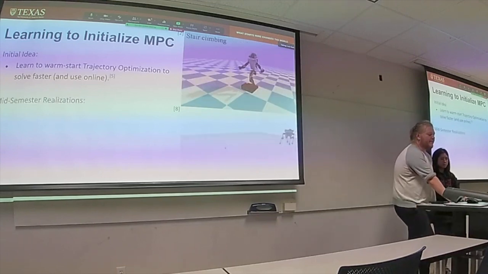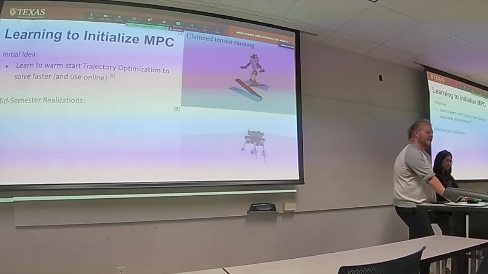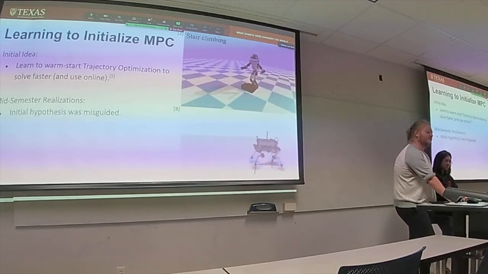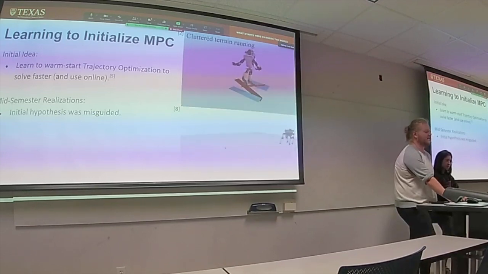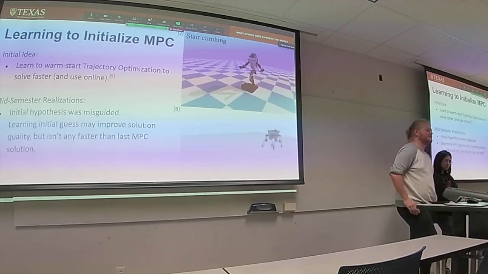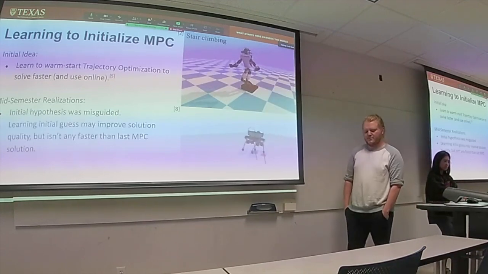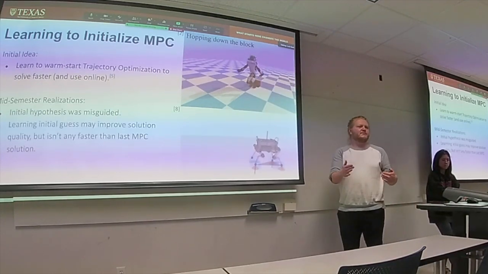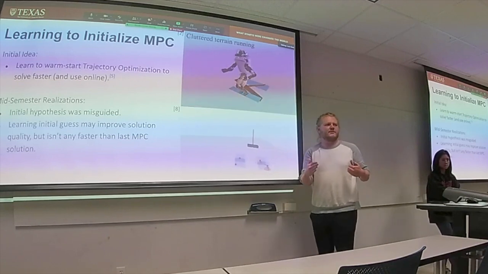About halfway through, while I was getting set up for this, I realized this initial hypothesis is misguided. It's not necessarily wrong, but it wasn't doing what I wanted it to do, and so I made a bit of a pivot. The reason is, when you're solving model predictive control problems, you're solving on a receding time horizon, so you're stepping one little bit forward every time step.